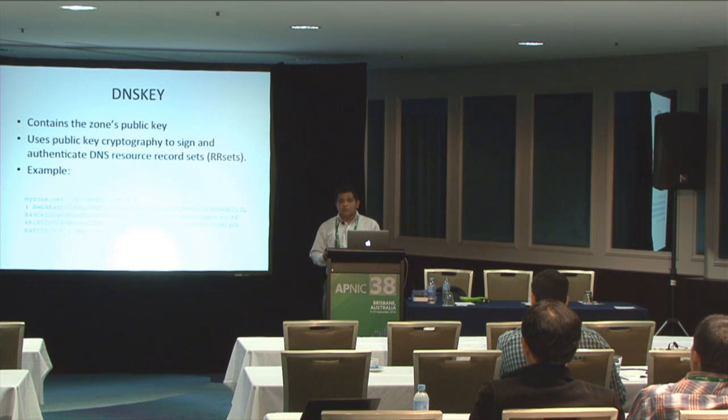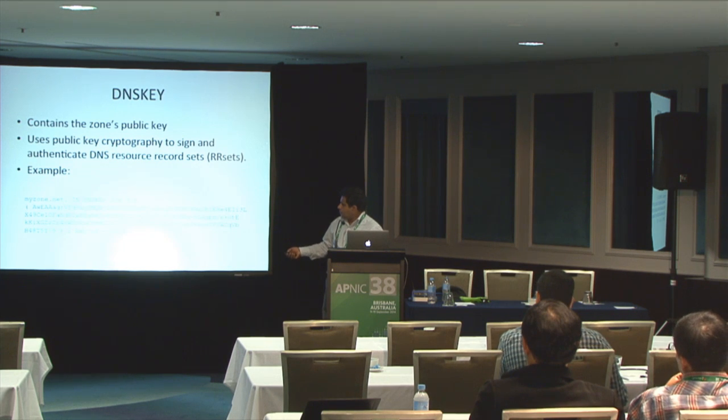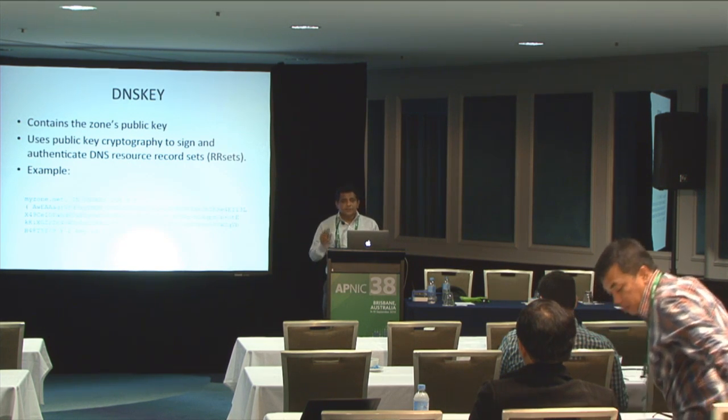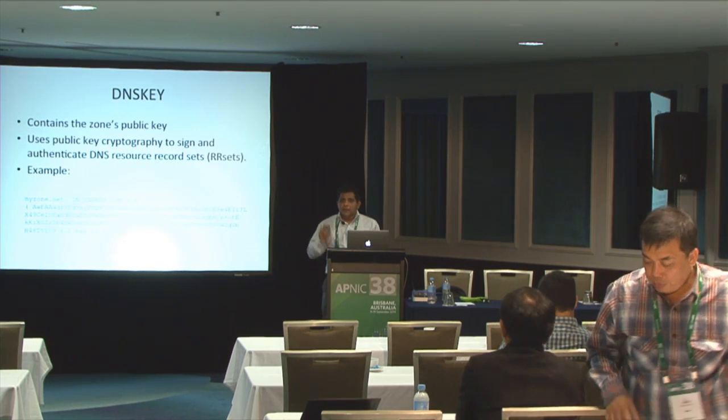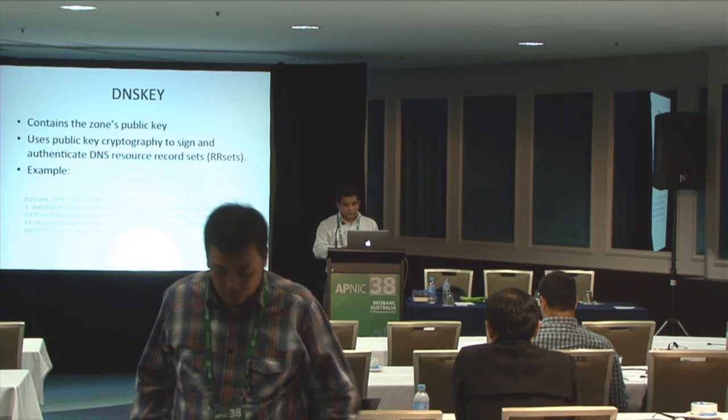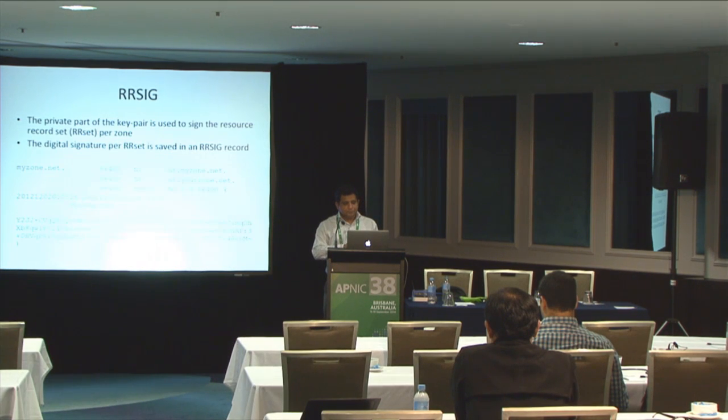Remember earlier we talked about asymmetric key algorithms. For example, if you use an RSA SHA-1 kind of algorithm, then you would have a certain flag for that. Then this is actually our public key, and it has a certain key ID as well. So we have to publish this DNS key resource record into our zone, right? So that's our public key.